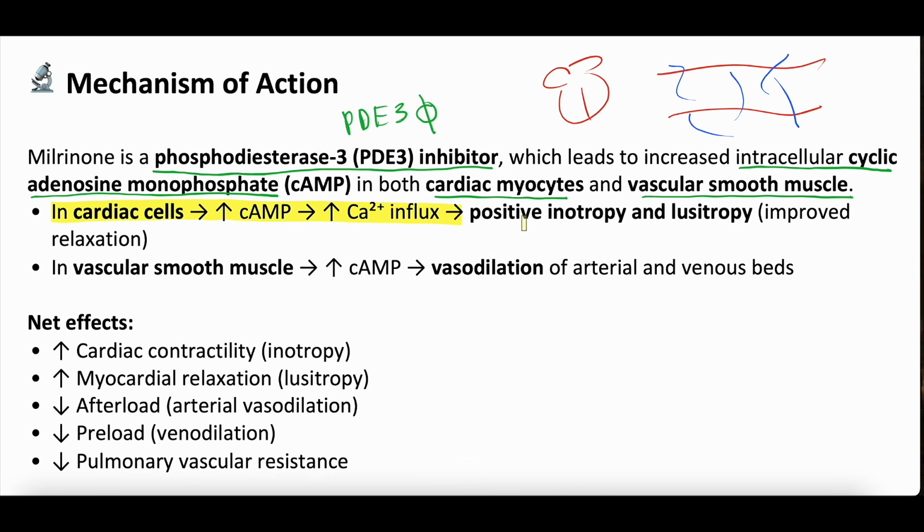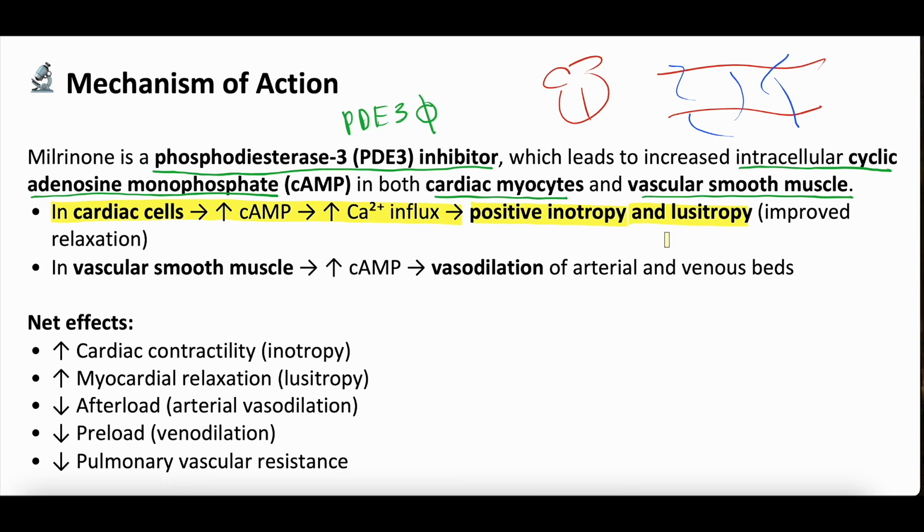And this calcium causes positive inotropy, which is contractility. So it increases contractility.